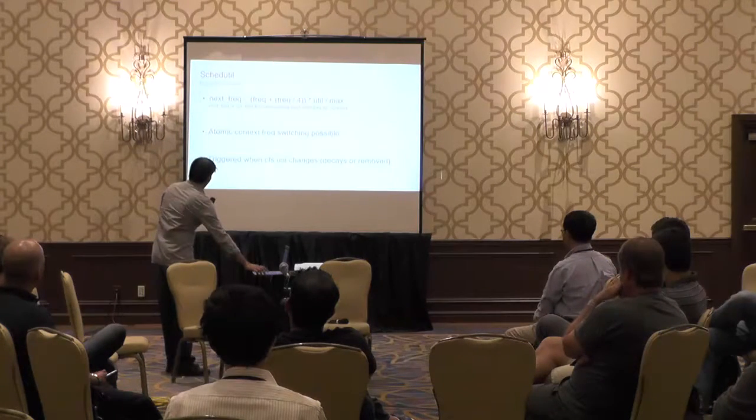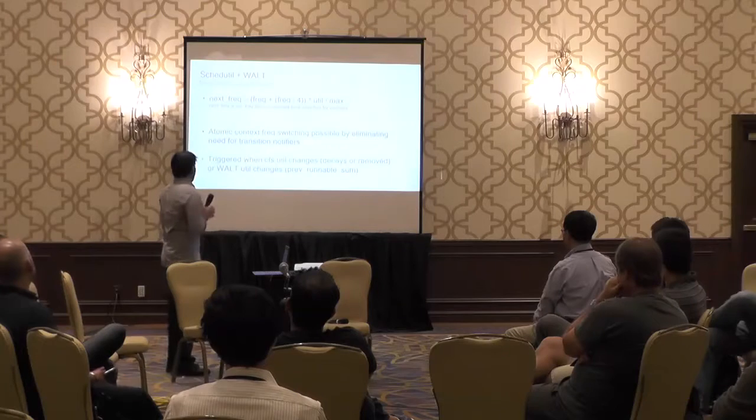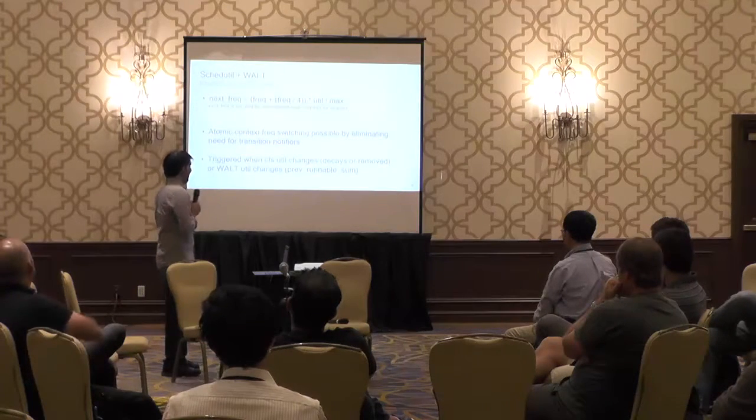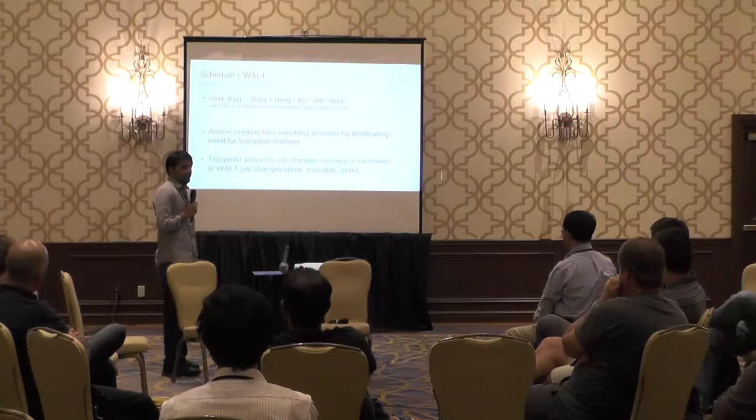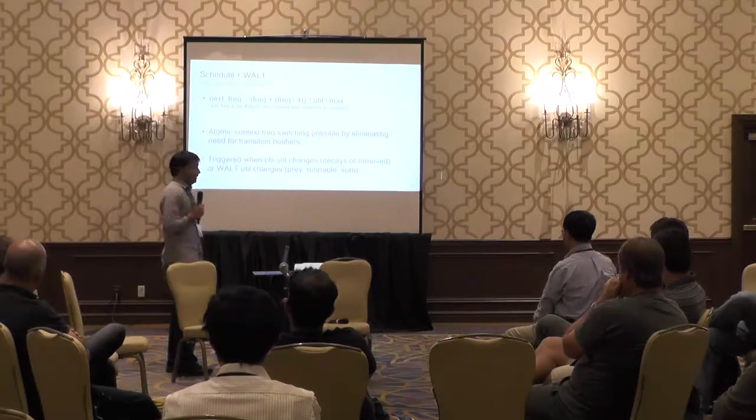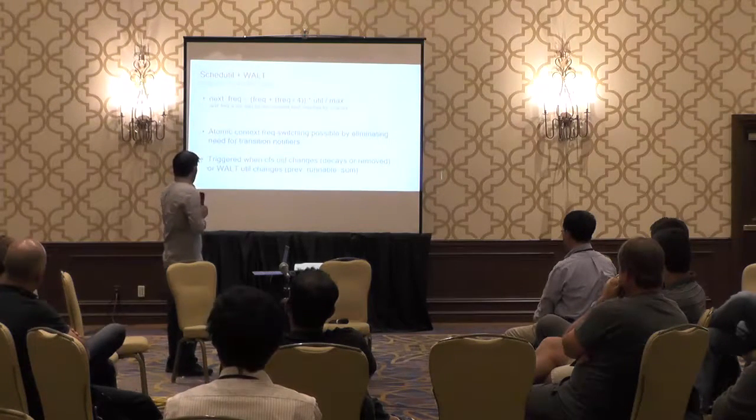So what we've changed for WALT is basically we've tried to change nothing. We don't want to add anything fancy, no policies about what schedutil is doing. We just want to take the WALT utilization and provide it directly to schedutil for a fair comparison. x86 does support atomic context frequency switching in hardware, so we did want to retain that capability.